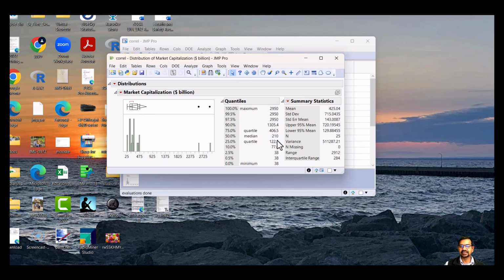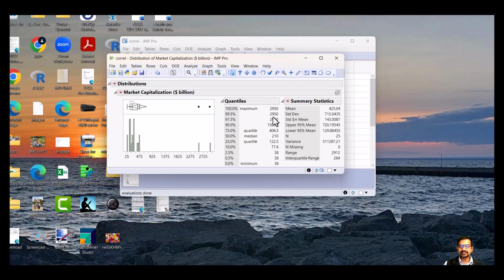And we saw that with our raw data as well. Our mean was 425 and our median is 210. So this line is the median, but the middle of this rhombus is the mean. And another advantage of box and whisker plots is that any outliers come out as individual data points. And we know that this one is Microsoft and this is Apple. So very quickly we can assess the outliers.